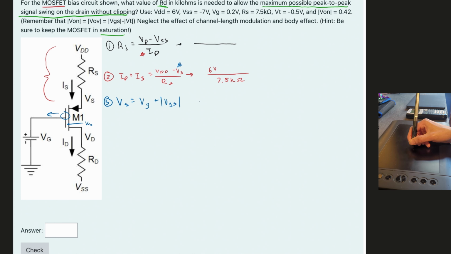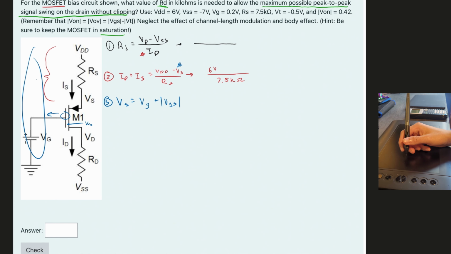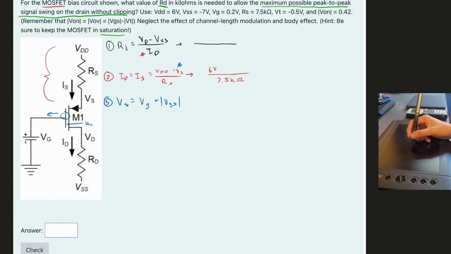Now we can start plugging in some values. Our VG is given to us as 0.2 volts. We went over an example previously where this wasn't given to us, and we had resistors right here, and we had to make a whole part for our voltage. But that can be found in the playlist linked below the like button.